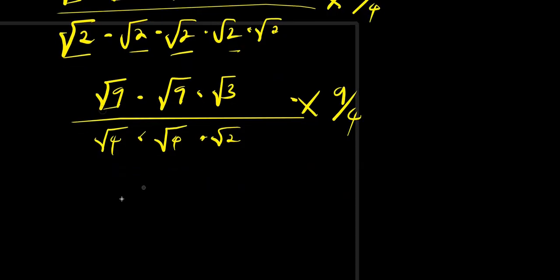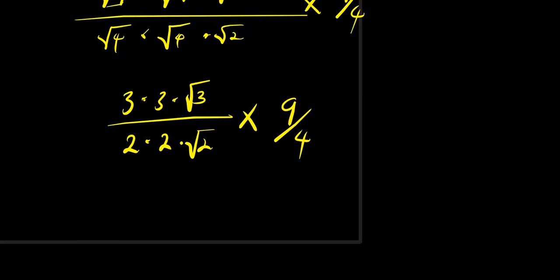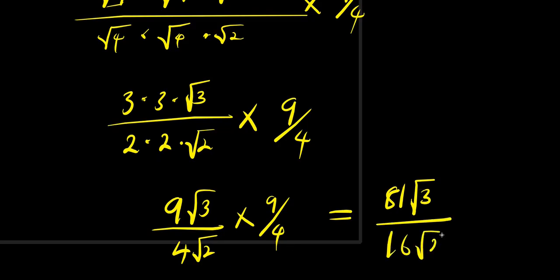So square root of 9, this is 3 times root 3 divided by this is 2 times root 2 times 9 over 4. And this will give you, this is 9 root 3 divided by 4 root 2 times 9 over 4. This will be 9 times 9, this is 81 root 3 divided by this is 16 root 2.